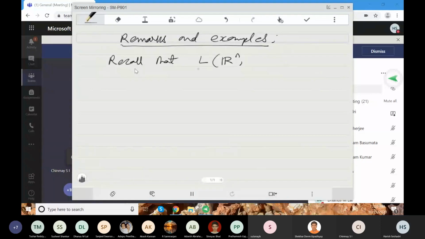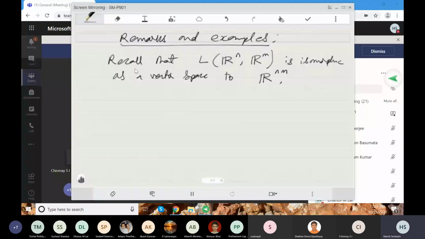So recall that the space of linear transformations from Rn to Rm is isomorphic, as a vector space, to R^(n times m), and also to the space of m cross n matrices.